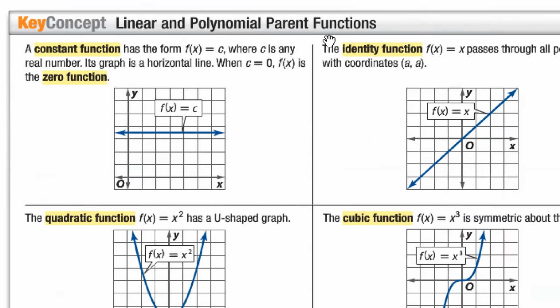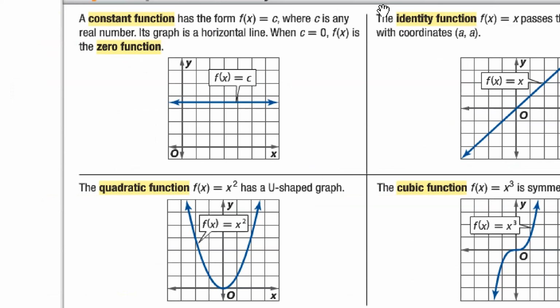Awesome. So first, the constant function has the form f of x equals c, where c is any real number. The graph is a horizontal line. When c equals 0, f of x is the 0 function. What I want you to know is, what does f of x equals 3 look like?